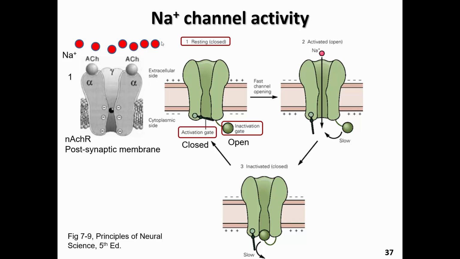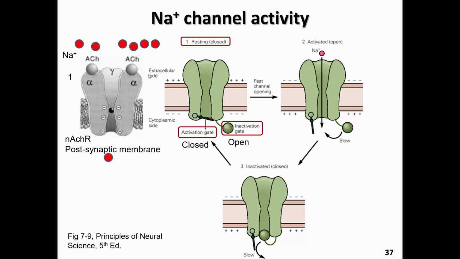Once we have acetylcholine binding to a single sodium channel at the location where the terminal axon synapses with the muscle cell, we see it takes two acetylcholine molecules on one sodium channel.